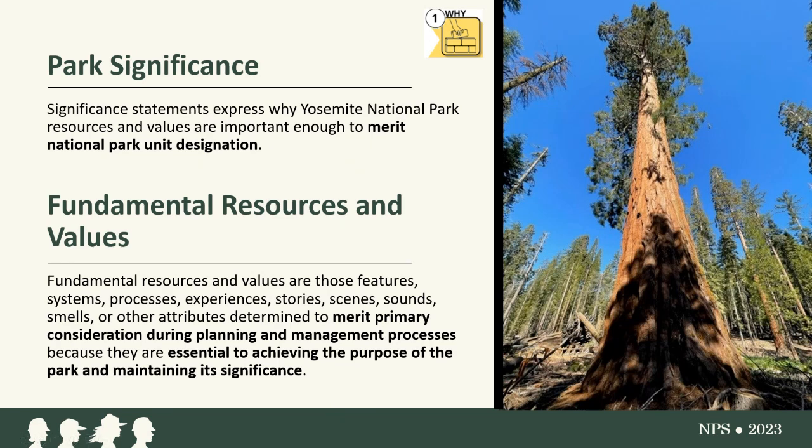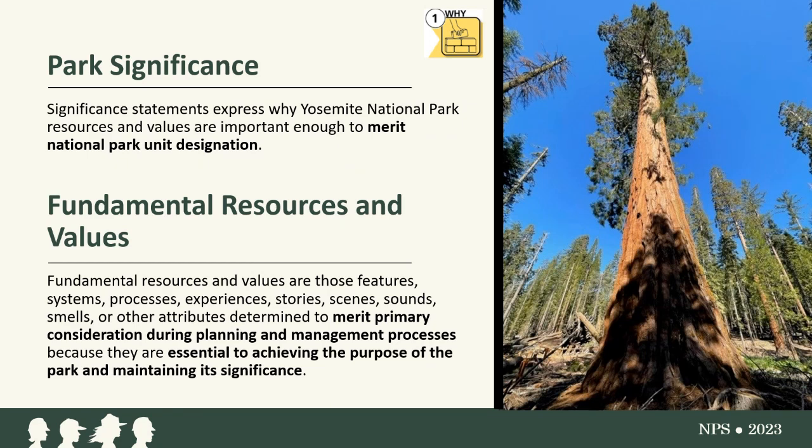So why is Yosemite a national park? We can look to the significant statements for the answer. Significant statements express why a park's resource and values are important enough to merit designation at the time as a unit of the national park system. Statements of significance describe the distinctive nature of the park and why an area is important within a global, national, regional, and system-wide context.